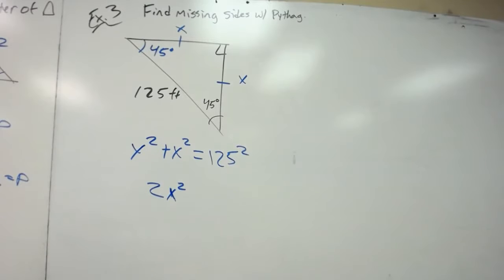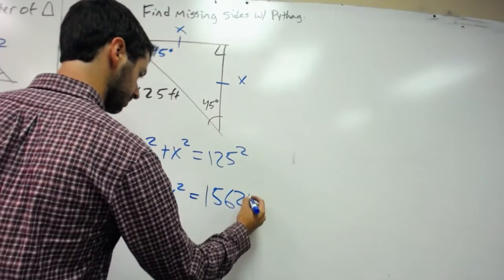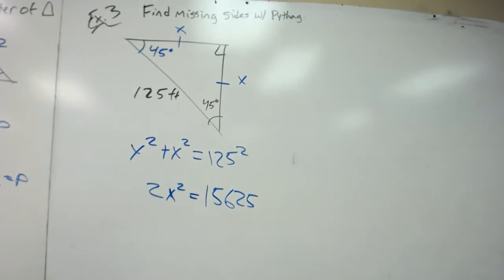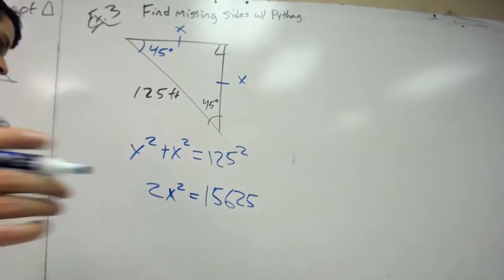And then 125 squared is 15,625. Now we got to get x by itself. So what I would do here first is divide by 2.